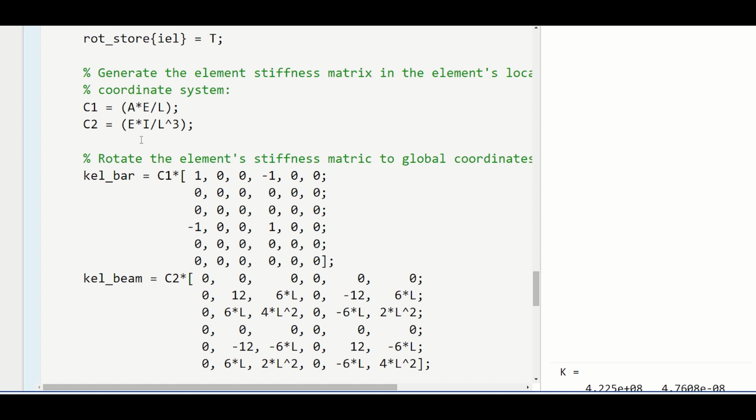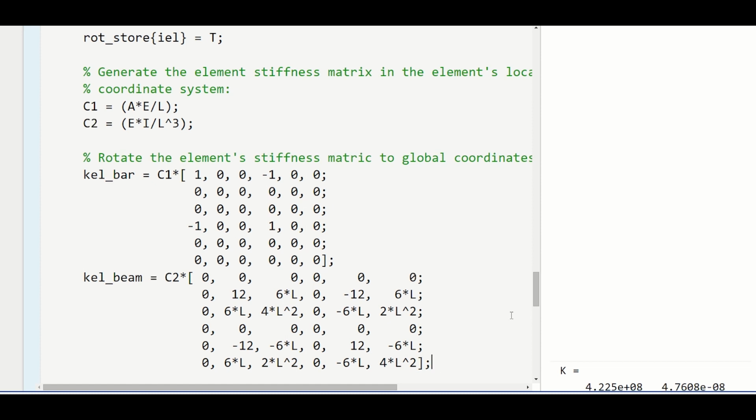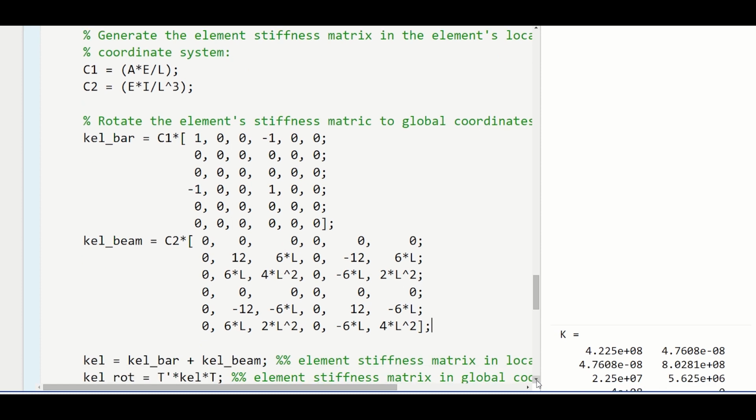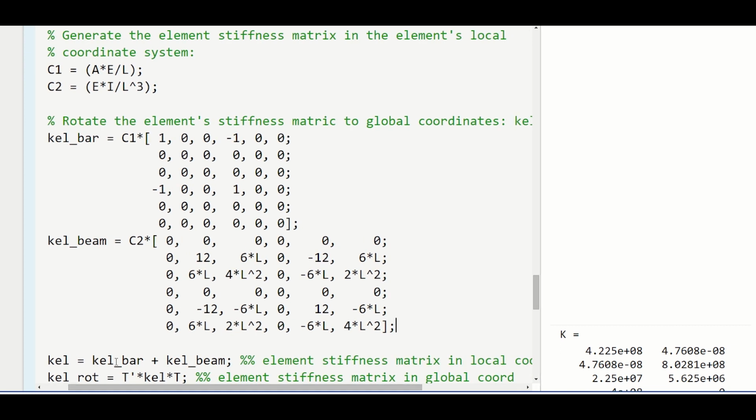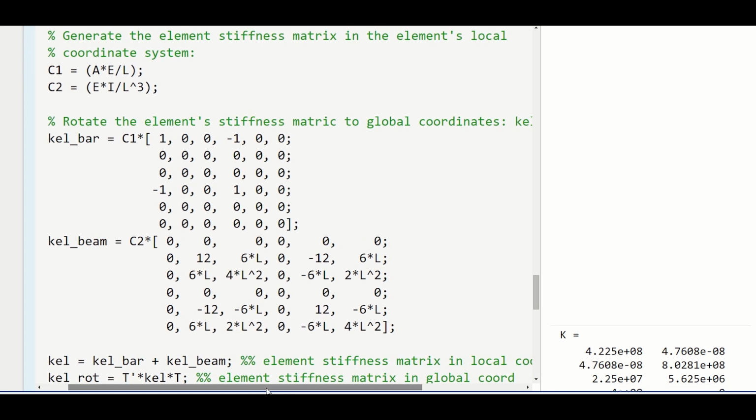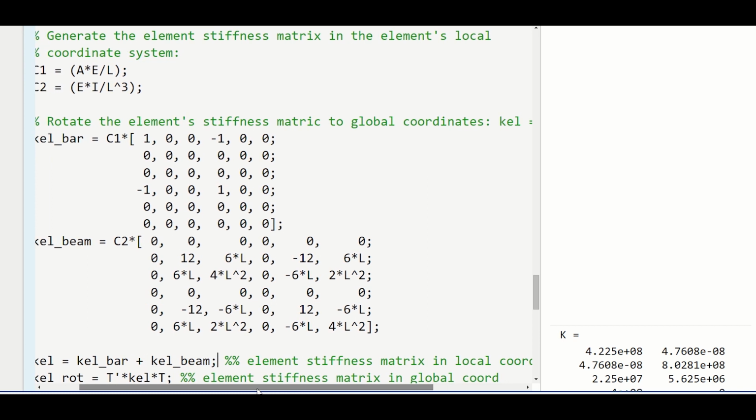I calculated it here for each element, and then calculate your bar element stiffness matrix and your beam stiffness matrix, and the frame is a combination of those two. So KEL bar plus KEL beam. So just giving an idea. At this stage, KEL is an element stiffness matrix in the local coordinate system.